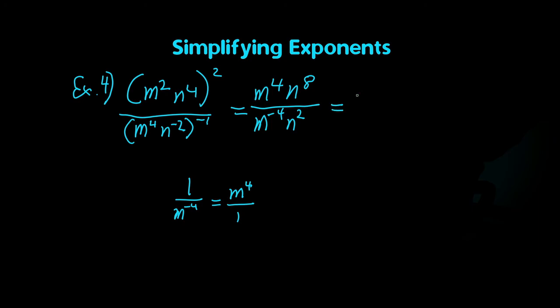So we bring that m to the 4th power to the numerator, adding it with m to the 4th power from earlier, making it m to the 8th power. And 8 minus 2 is 6. So the n squared cancels out with n to the 8th power, making m to the 8th power and n to the 6th power our final answer.